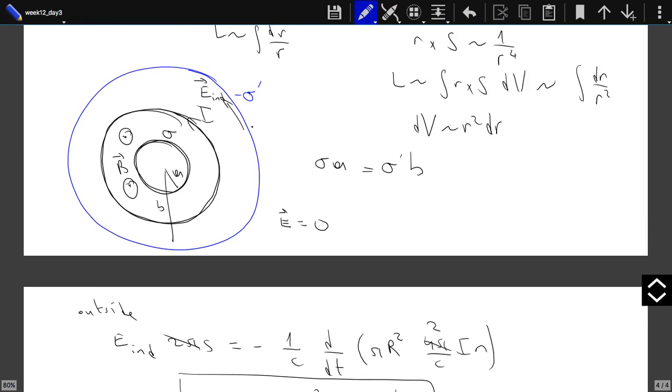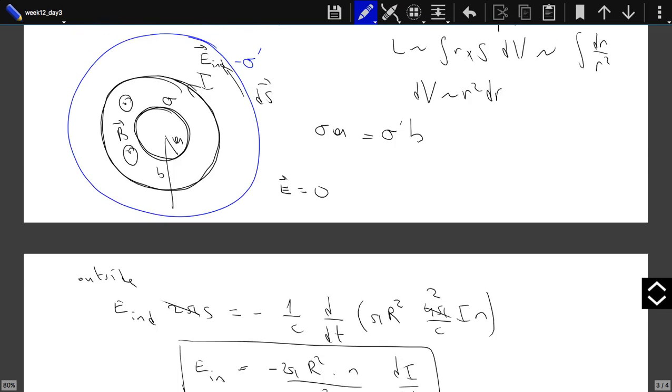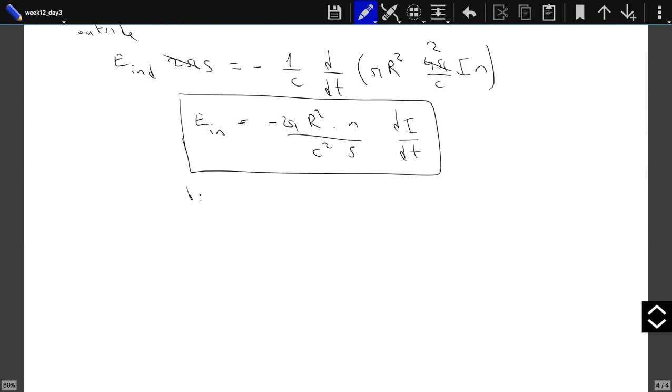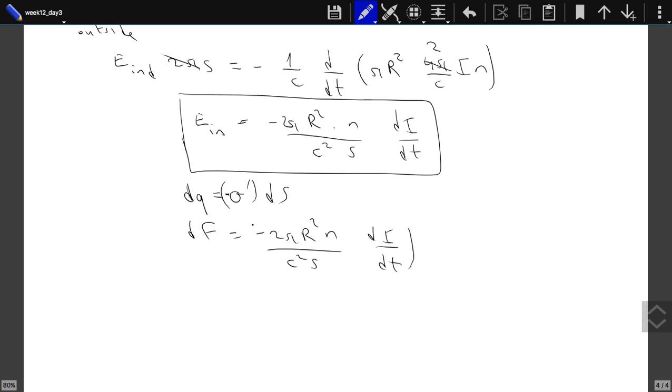Again, we will do the same thing. We take some patch over here, ds. It has a charge dq. So dq is equal to minus sigma prime times ds. The force acting on it will be minus 2 pi r squared n over c squared s dI by dt times minus sigma prime ds.